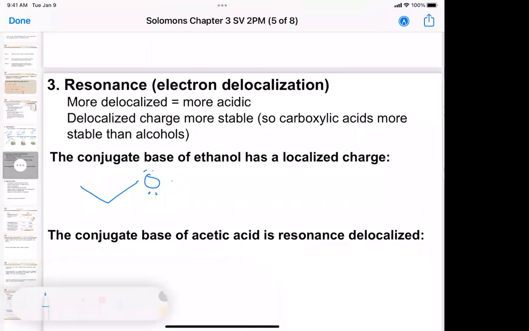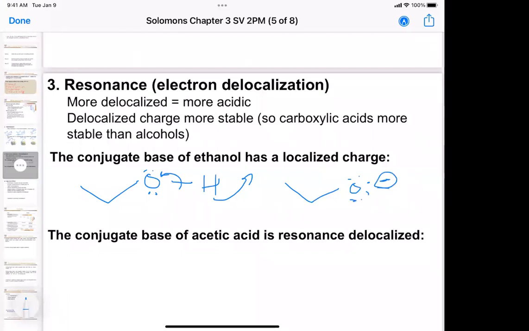If this hydrogen leaves, it acts as an acid. These electrons are going to kick in here, and so we'll have oxygen with a total of 6 electrons around it and a negative charge. So that's why ethanol is acidic.